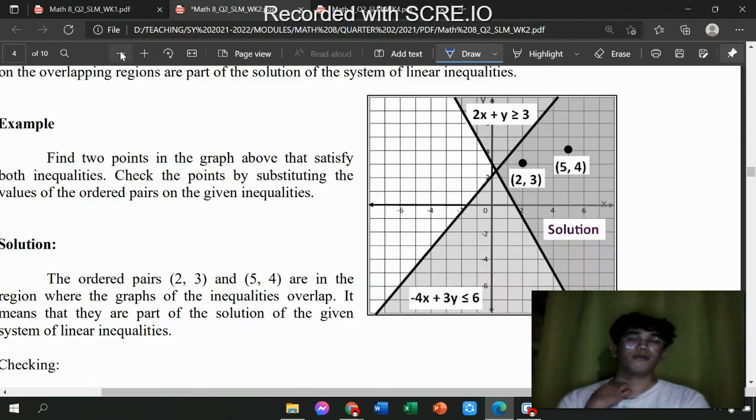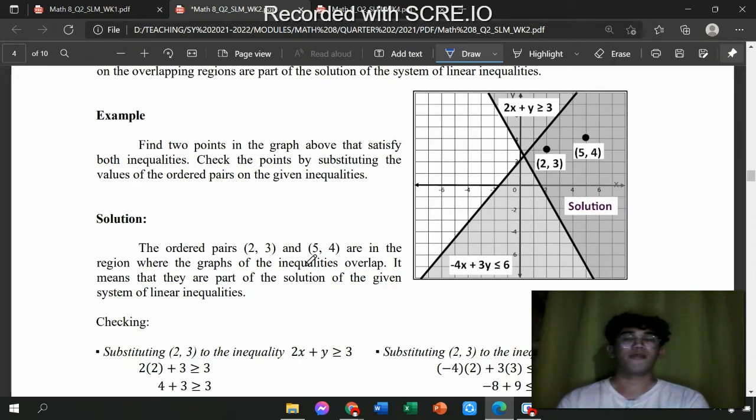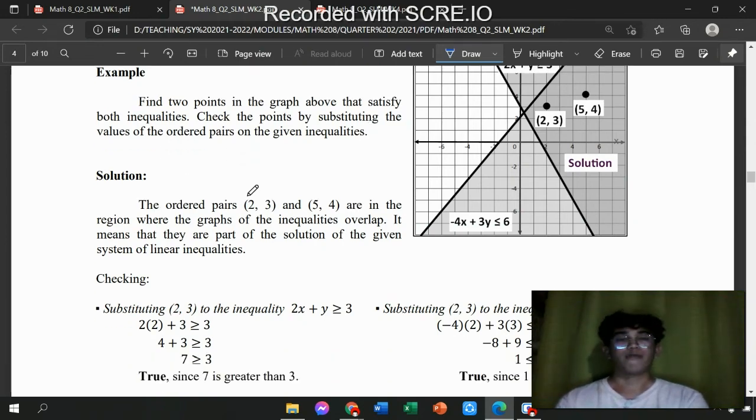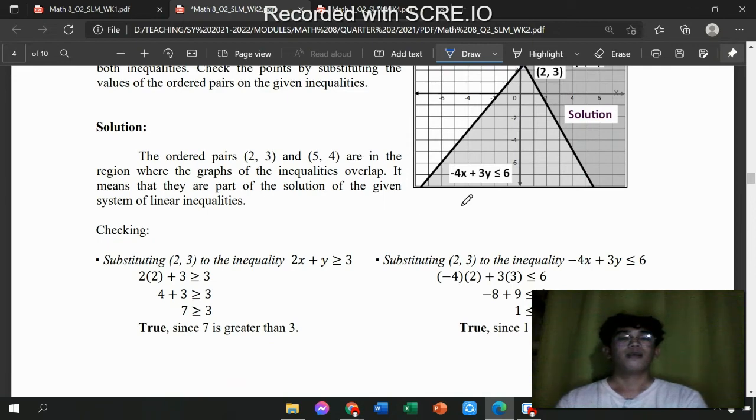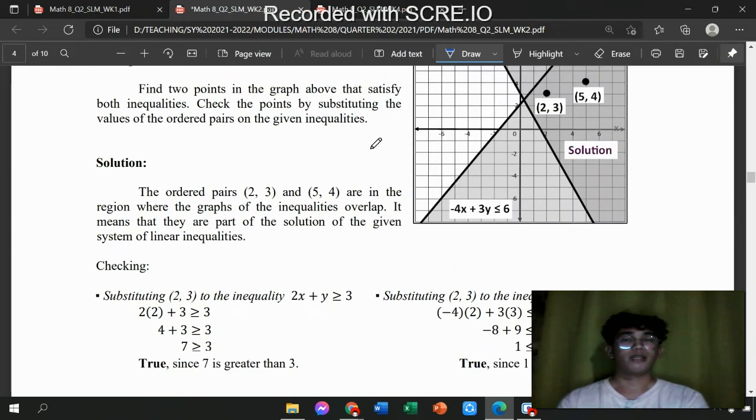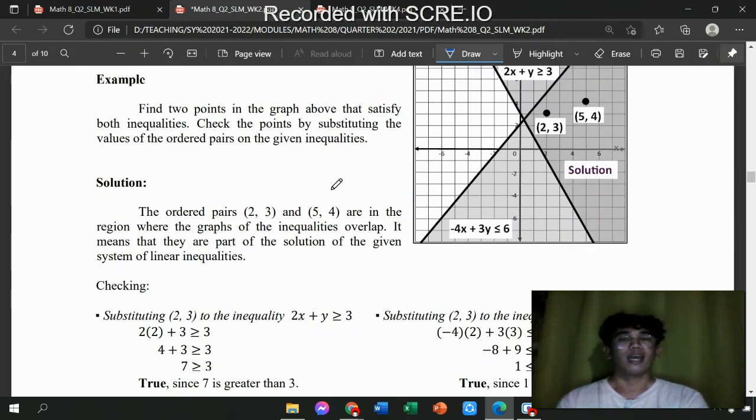Ato na siyang i-try og substitute sa atong linear inequalities. So find 2 points in the graph above that satisfy both inequalities. Check the points by substituting the values of the ordered pairs on the given inequalities. So take a look at the solution. Ang atong napili nga ordered pairs kay 2 and 3 and 5 and 4.